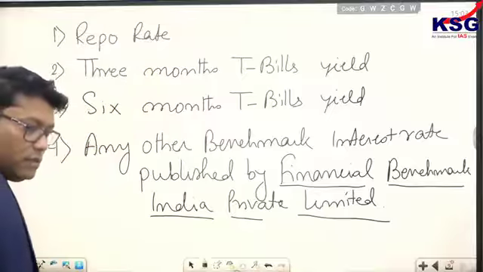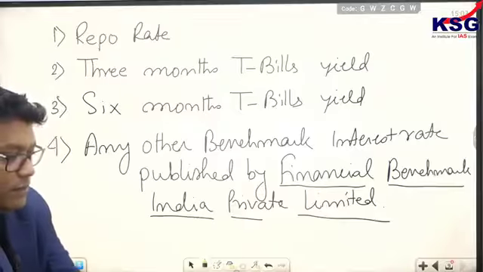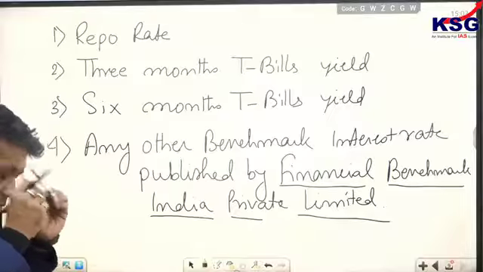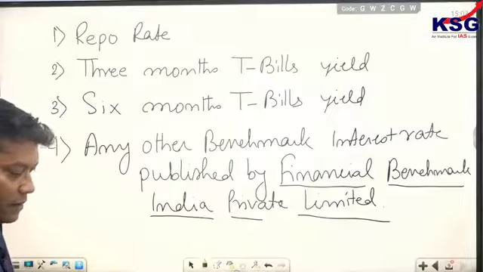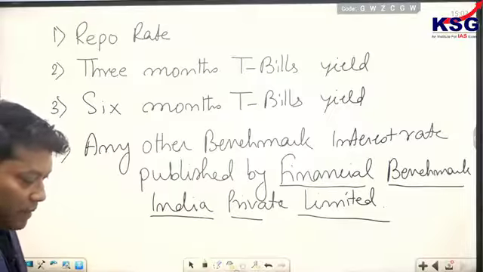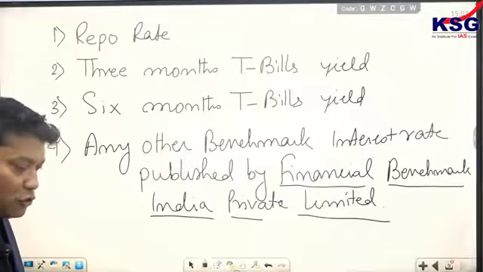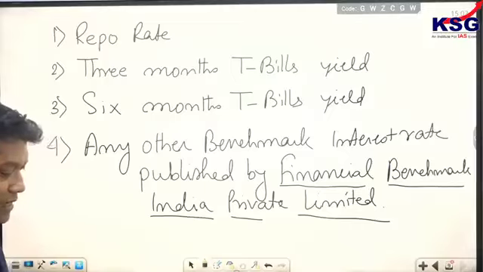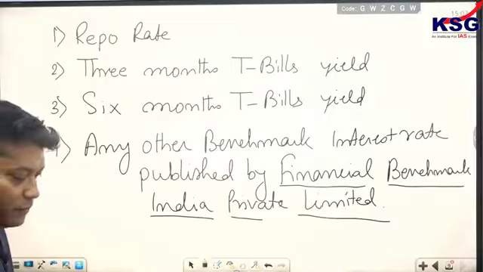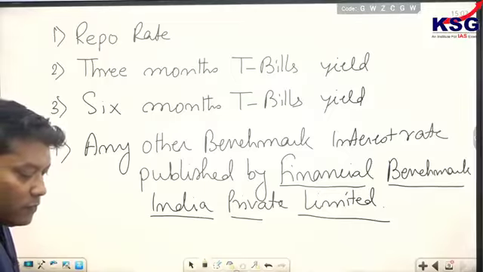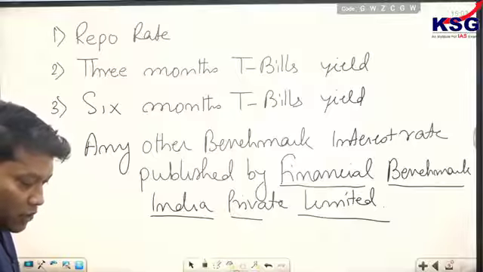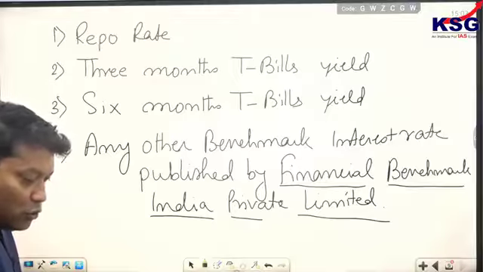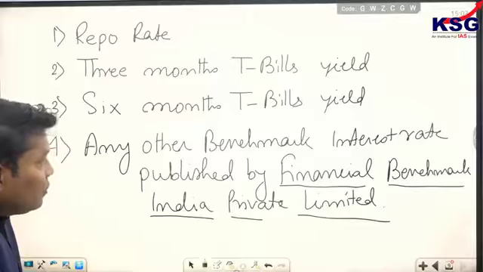Please write one. Okay. After that, change the para. Right. Banks are free to offer external benchmark linked loans to any borrowers. Full stop.